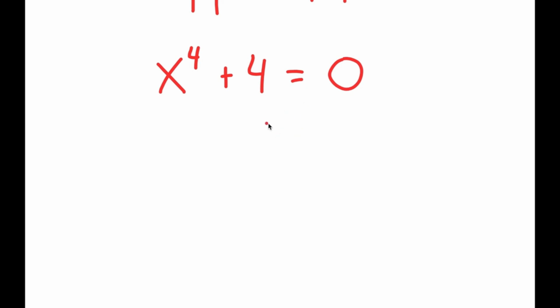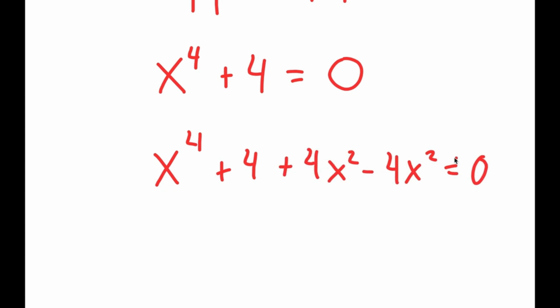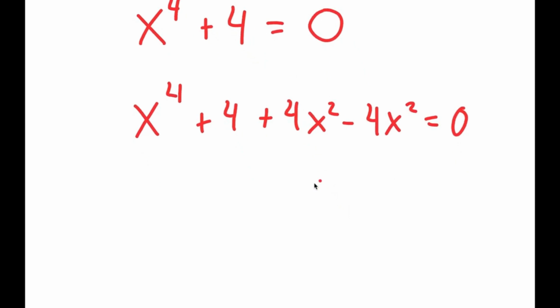Now from here, I'm going to rewrite this as x to the power of 4 plus 4x squared minus 4x squared is equal to 0. Now, I can ignore this negative 4x squared for now and just focus on x to the power of 4 plus 4x squared plus 4.